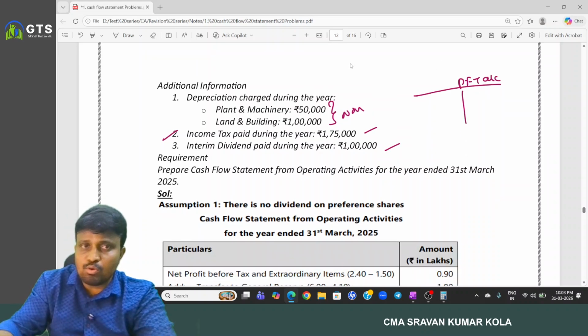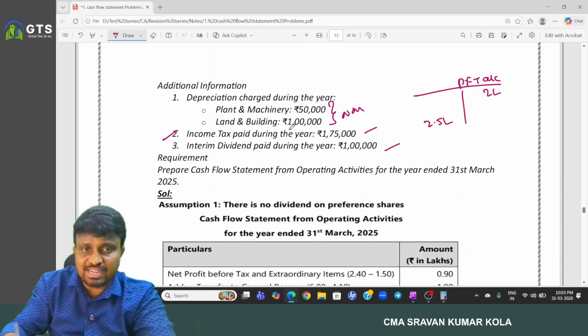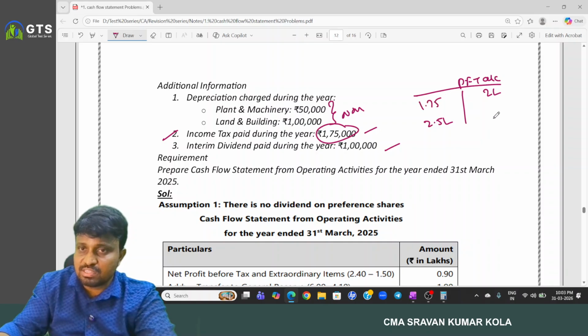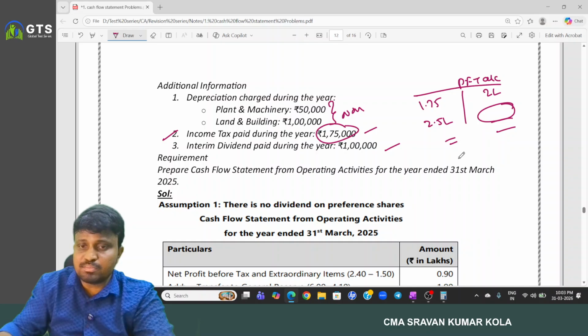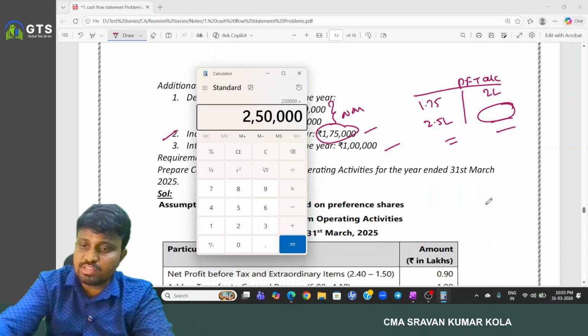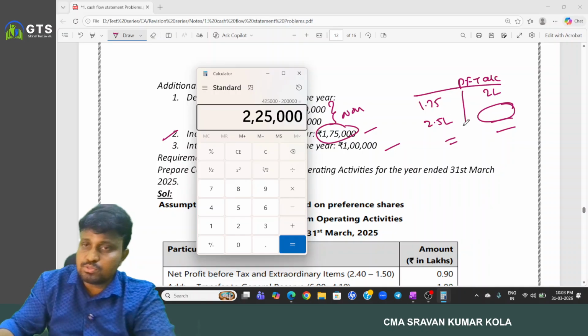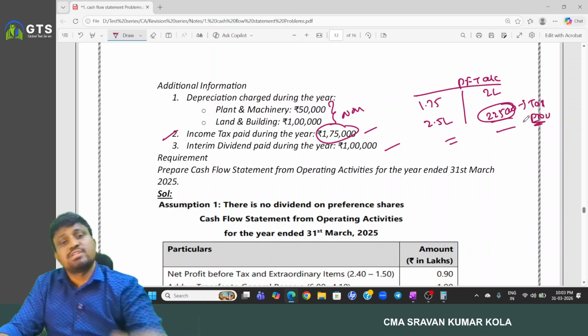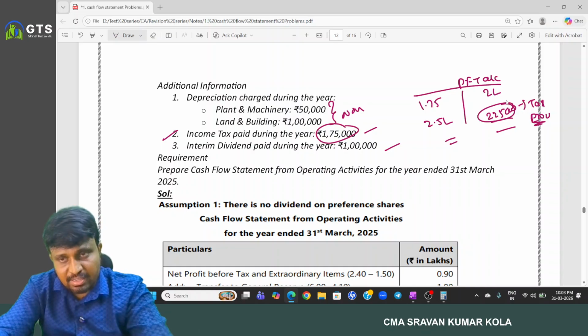Tax paid during the year is 1.75, and the difference is the current year provision. So 2 lakh 50 plus 1 lakh 75 minus 2 lakhs. So 2,25,000 is the tax provision for current year.